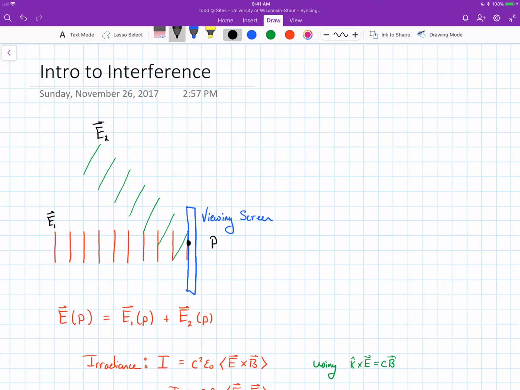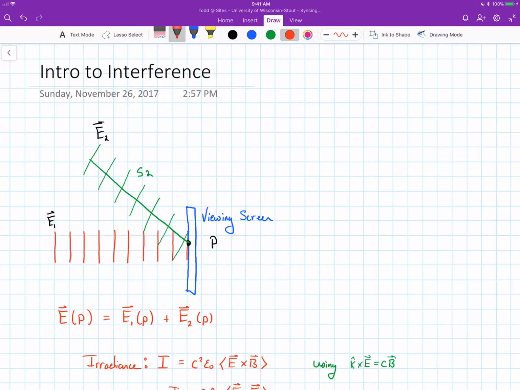And then what we need to do is figure out how far each of the waves has traveled from some reference point. So we're going to assume that both waves start in phase at some point. For each of these waves, we have a path length that we need to consider. For this ray right here, the length is S2.